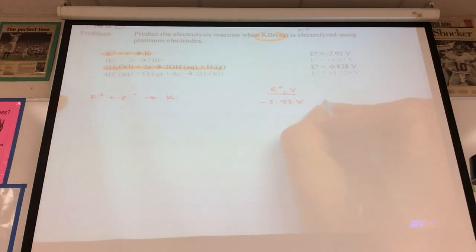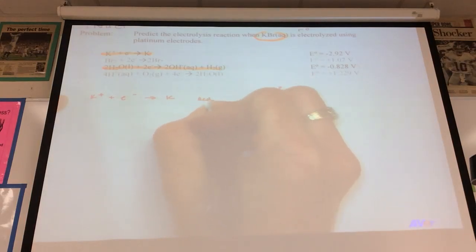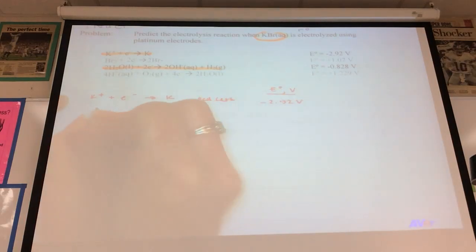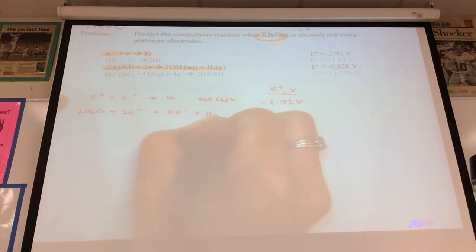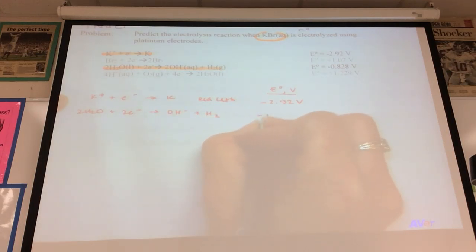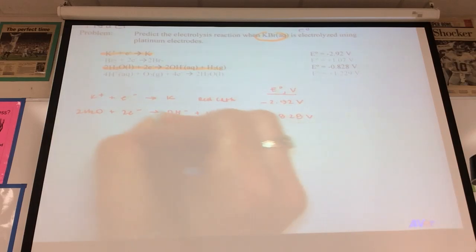And this is going to be reduction at the cathode. The other reduction is 2 waters plus 2 moles of electrons yielding hydroxide ion plus hydrogen gas, which is negative 0.828 volts. She forgot the negative. This too? Yeah. Okay, thank you.